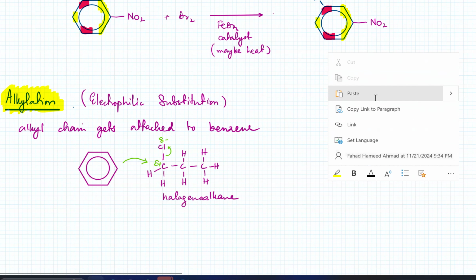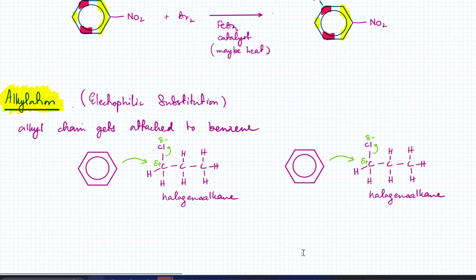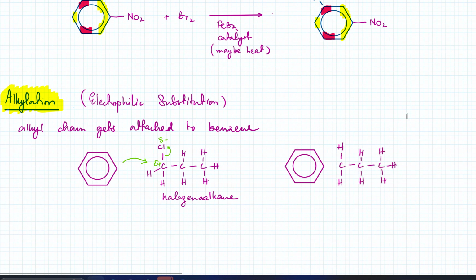So the product is going to be, the Cl is going to be repelled by the electrons in benzene, and this particular carbon will then eventually, I'm going to put this H over here, and this goes and attaches to the benzene.